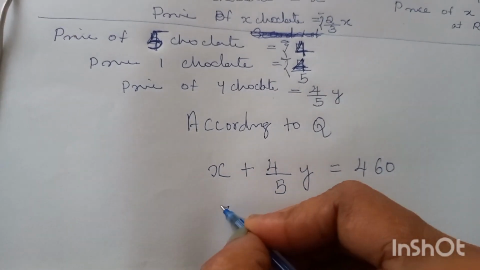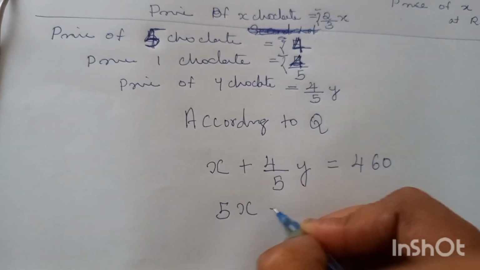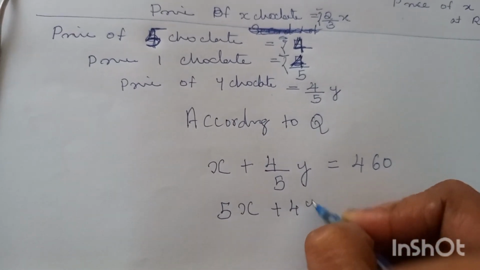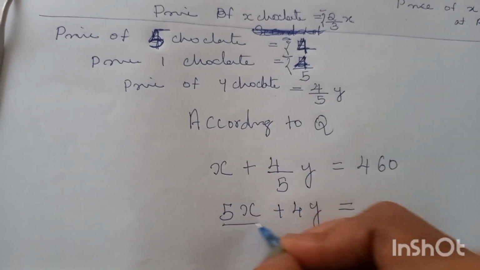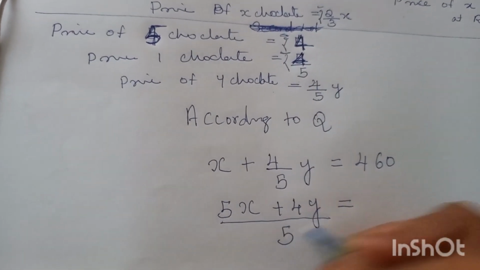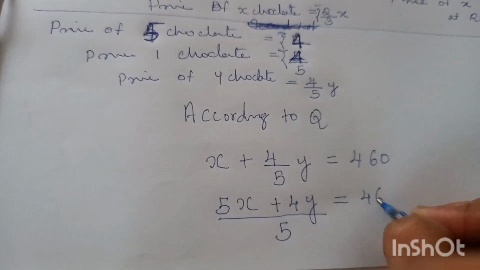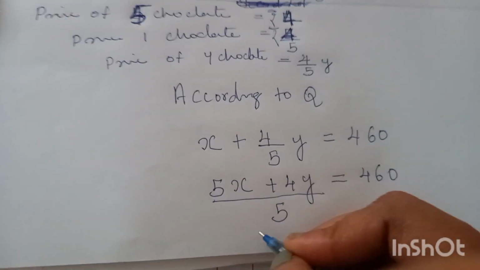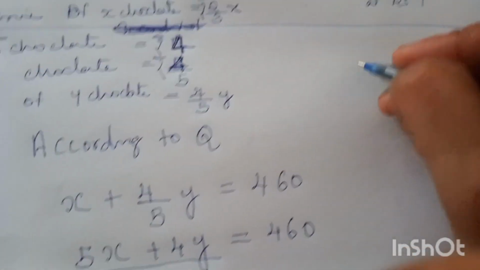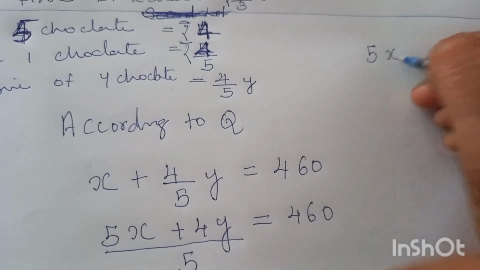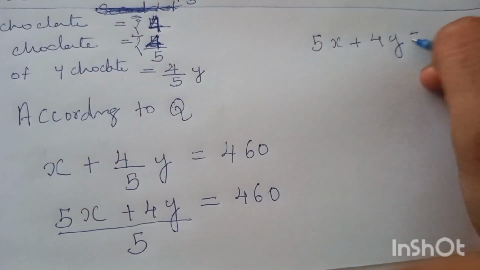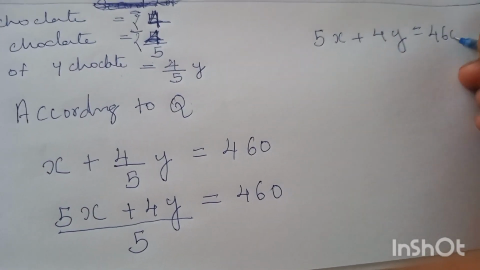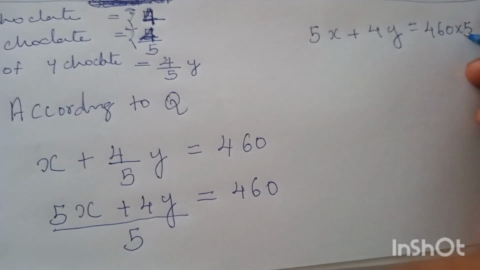So taking LCM we get (5X plus 4Y) divided by 5 is equal to 460. So 5X plus 4Y is equal to 460 into 5.